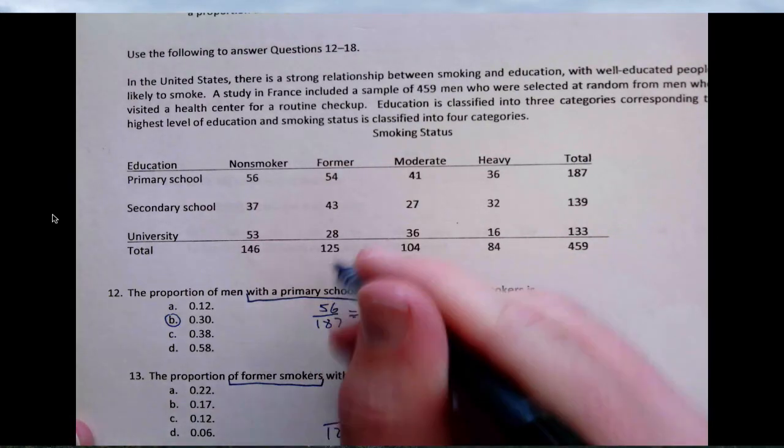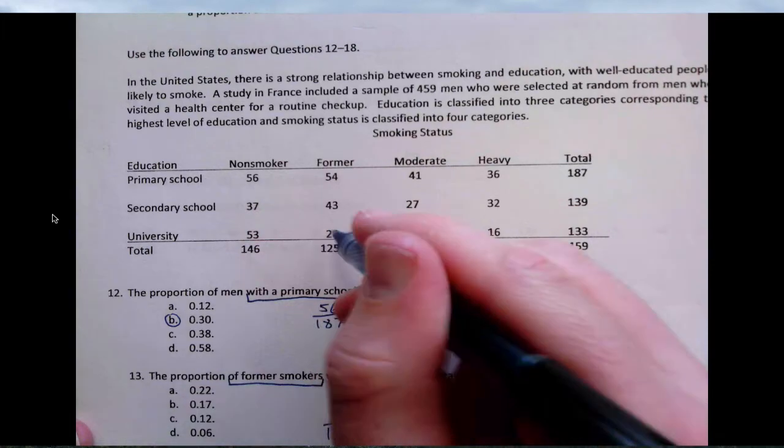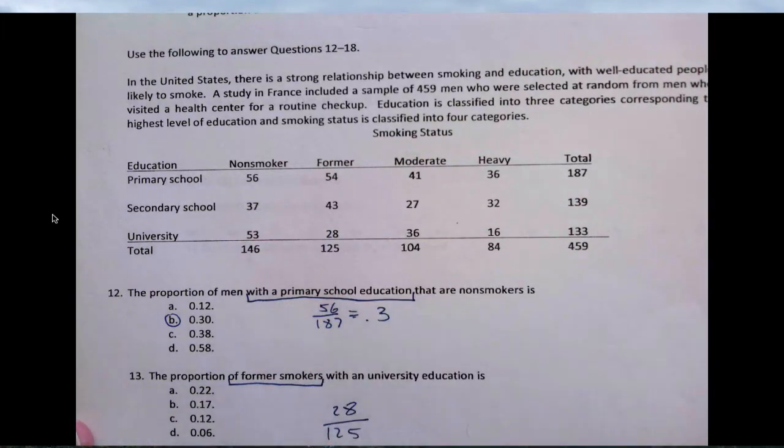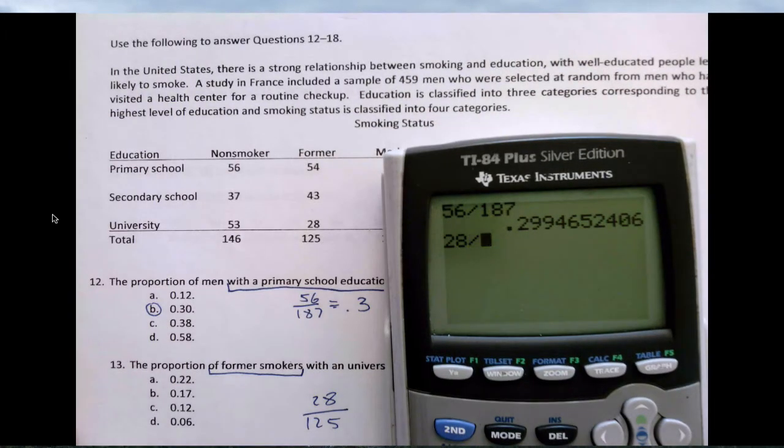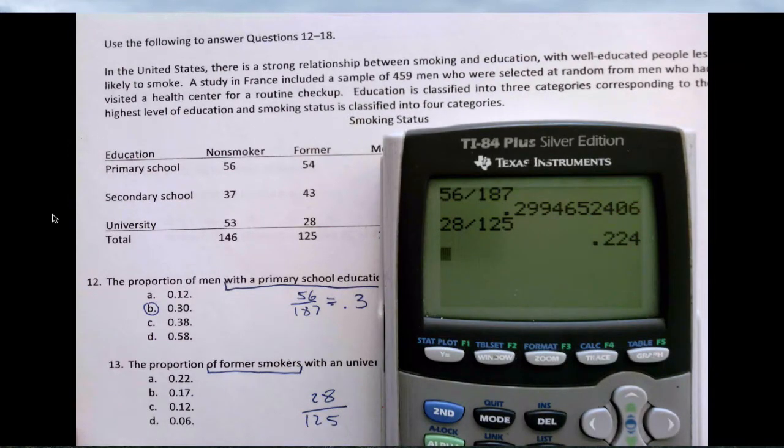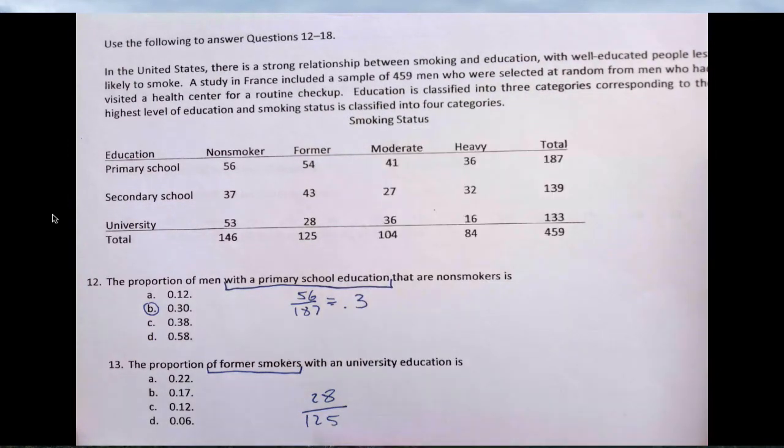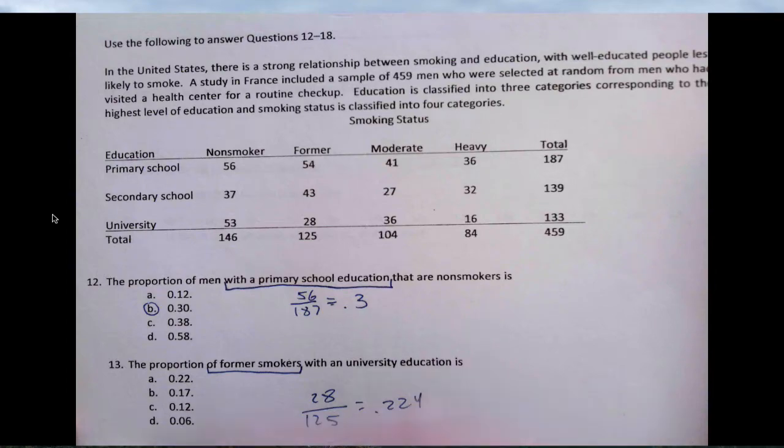Among those 125 people, those with a university education are 28. So if I take 28 divided by 125, I end up with 0.224. And that is A.